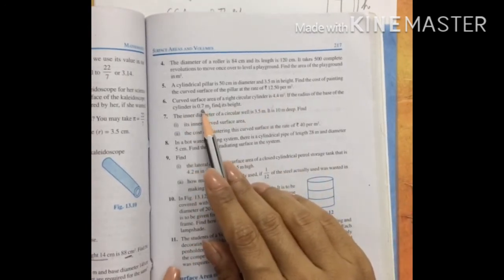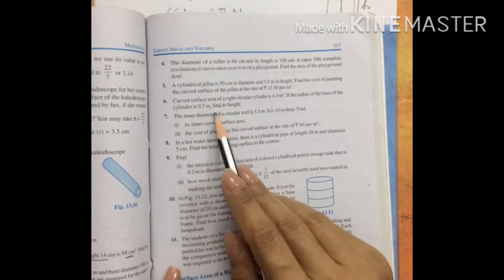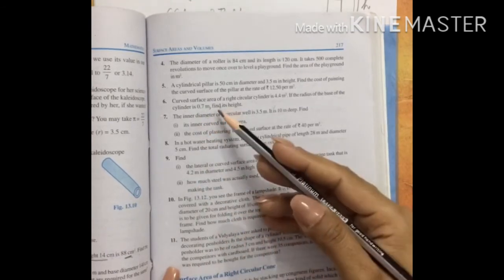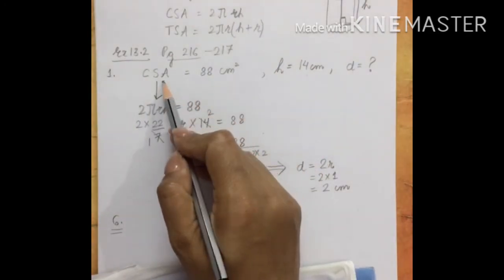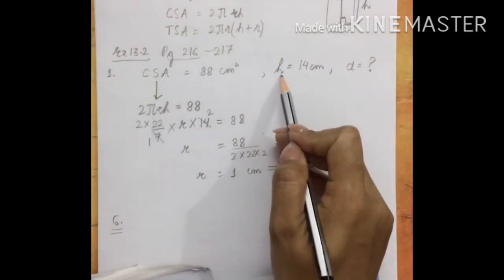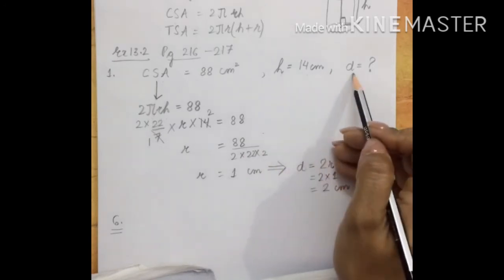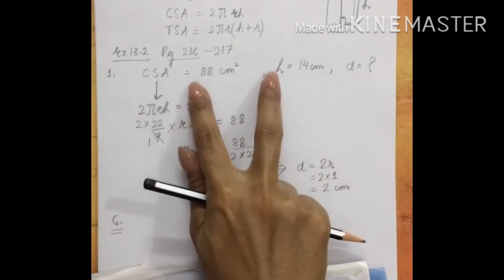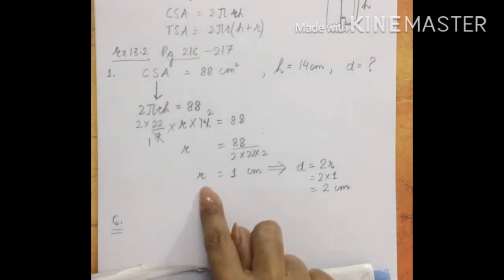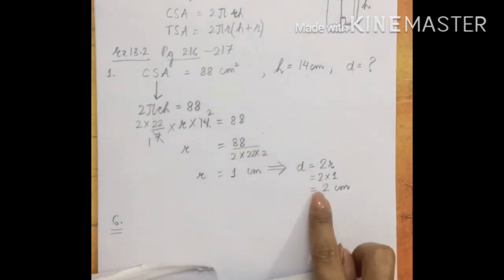If the radius of the base of the cylinder is 0.7 meters, find its height. Now what they did was, in question number 1, they gave us the curved surface area and the height. They asked us to find out the diameter. So what we did was, we used these two values to obtain the radius, and then we obtained the diameter.